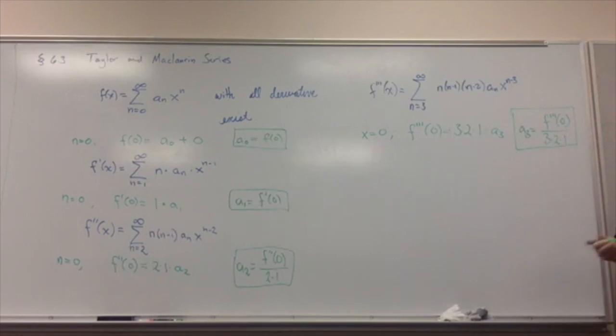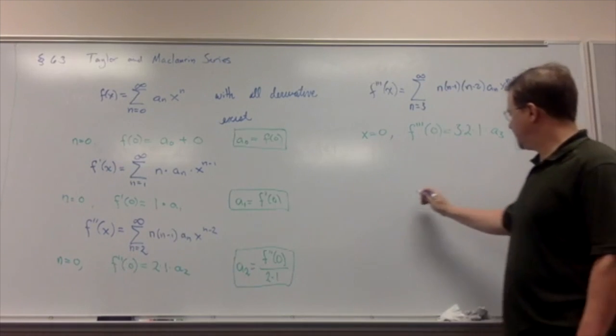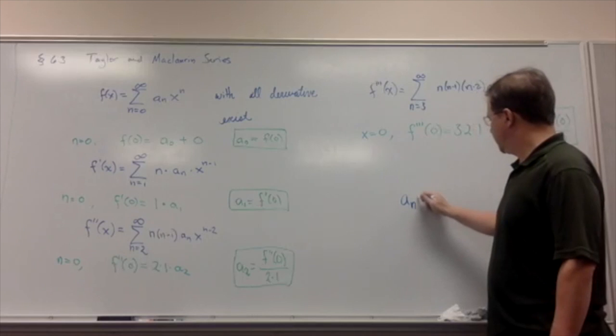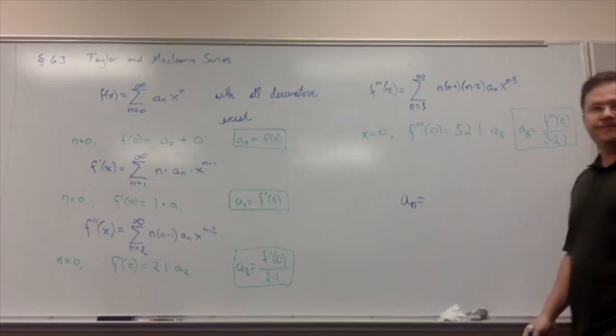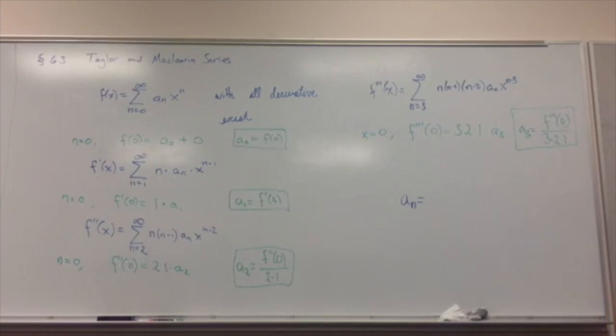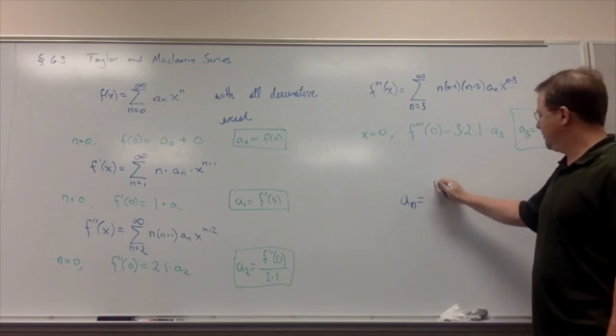At this point, I think I'm ready to venture a guess. It looks to me like the nth coefficient of the power series is the nth derivative evaluated at 0 over n factorial.